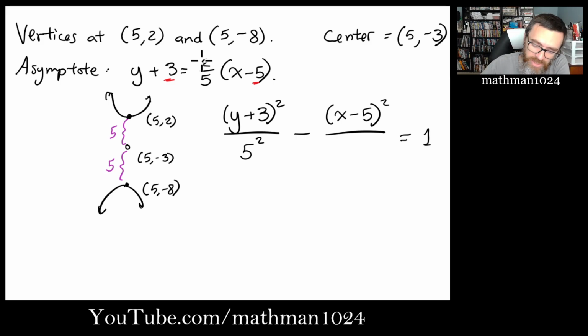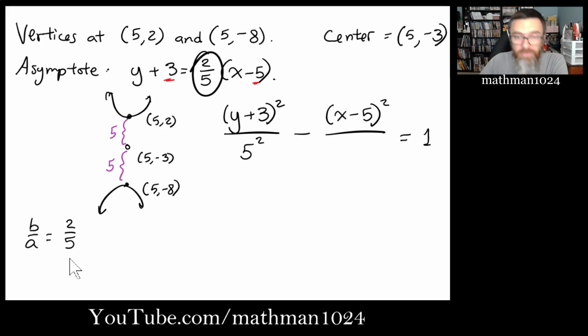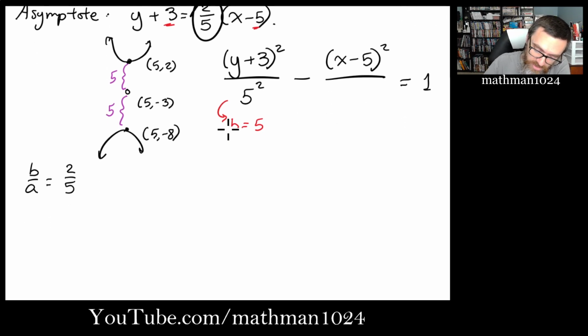Your asymptote is given by this 2/5 there, right? That slope. So remember that b over a is supposed to be 2 over 5, right? Now, from what we have right here, because this is underneath the y, that means b is equal to 5. So what is a? Well, let's work this out in this equation. So if b is 5, that means 5 over a equals 2 over 5.